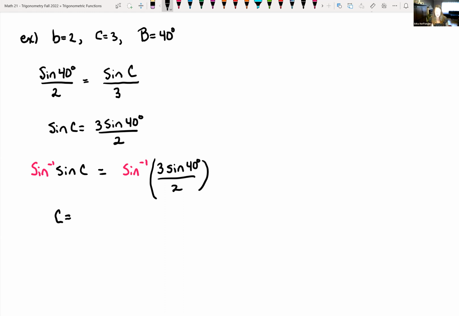I get 0.964. So it's really C is equal to approximately sine inverse of this 0.964. So I'm not going to round this in my calculator. Now I'm just going to take the sine inverse of my answer.